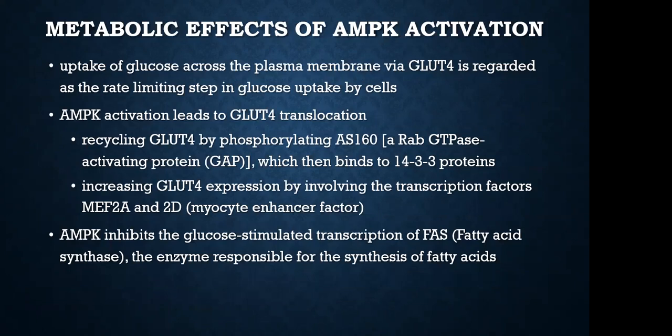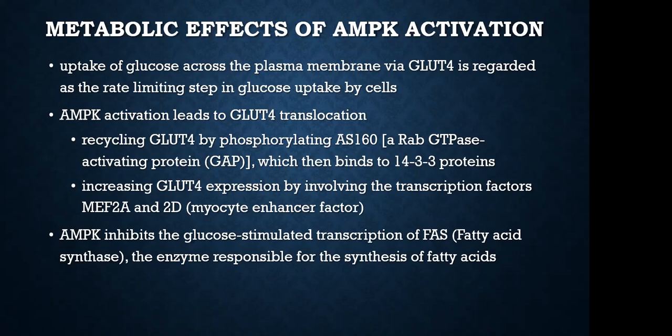So, metabolic effects of AMPK activation. We talked about GLUT4 already. Uptake of glucose across the plasma membrane via GLUT4 is regarded as a rate limiting step in glucose uptake by cells. So that's how important AMPK plays in that role.